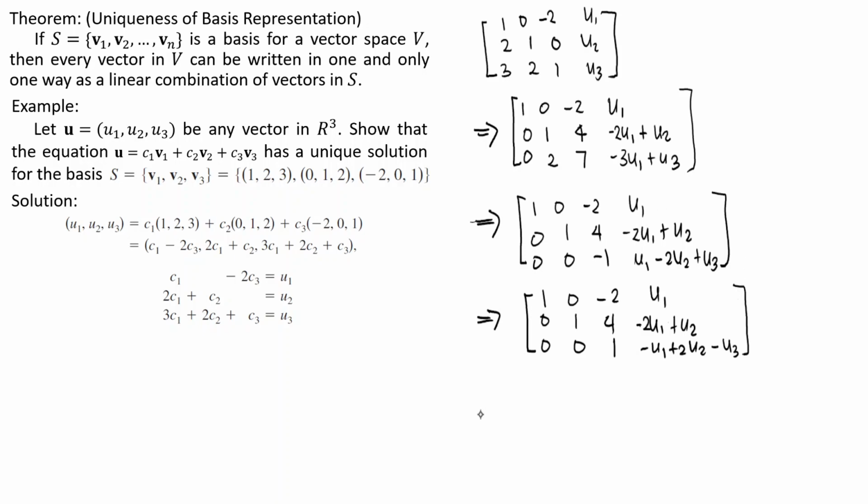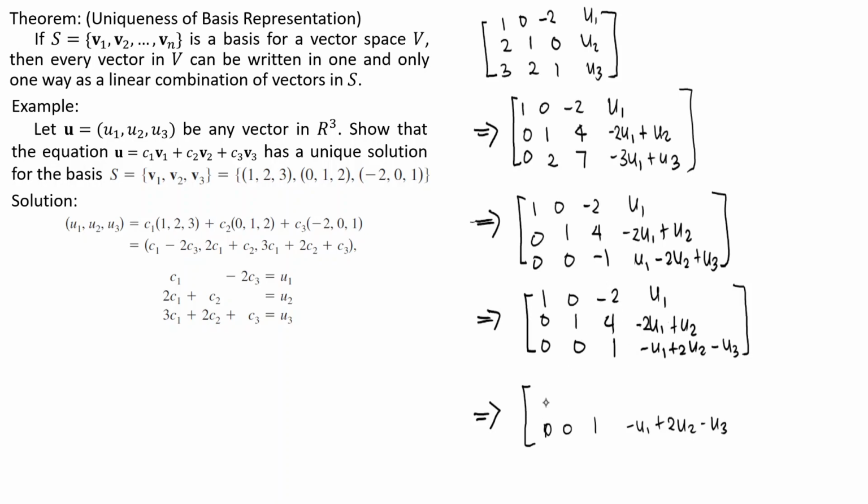Okay, and next we can make these two entries above this one 0. By the way, you can stop here and just use back substitution to solve for c sub 1, c sub 2, and c sub 3. Or we can continue and make this reduced row echelon form.